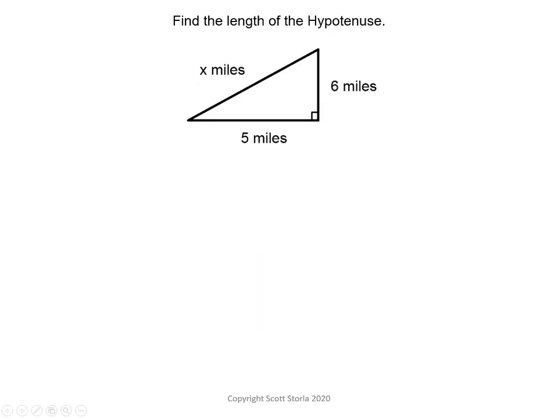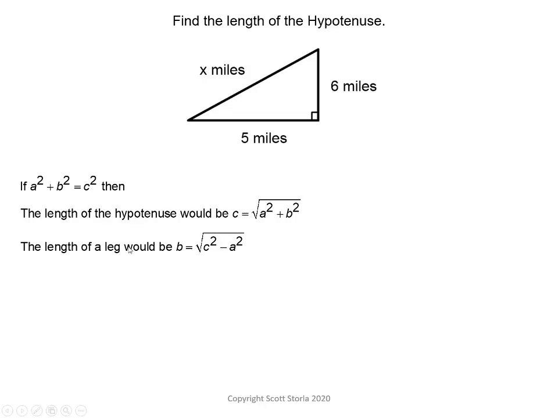So for example, if we were trying to find the length of the hypotenuse for this triangle, I would have to look at my two different forms for the Pythagorean theorem, realize that I'm trying to find the length of the hypotenuse, so I'm going to use this one, and that means I need a distance A and a distance B, and those are the distances of legs.